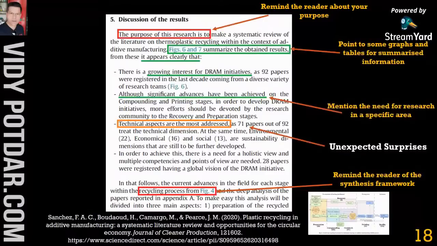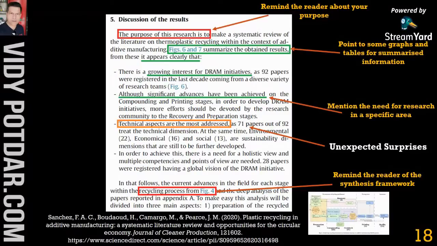Although significant advances have been achieved on the compounding and printing stages in order to develop DRM initiatives, more efforts should be devoted. So we are not talking about future research. More efforts should be devoted by the research community to the recovery and preparation stages. So some future work is coming up quite early on in the discussion.